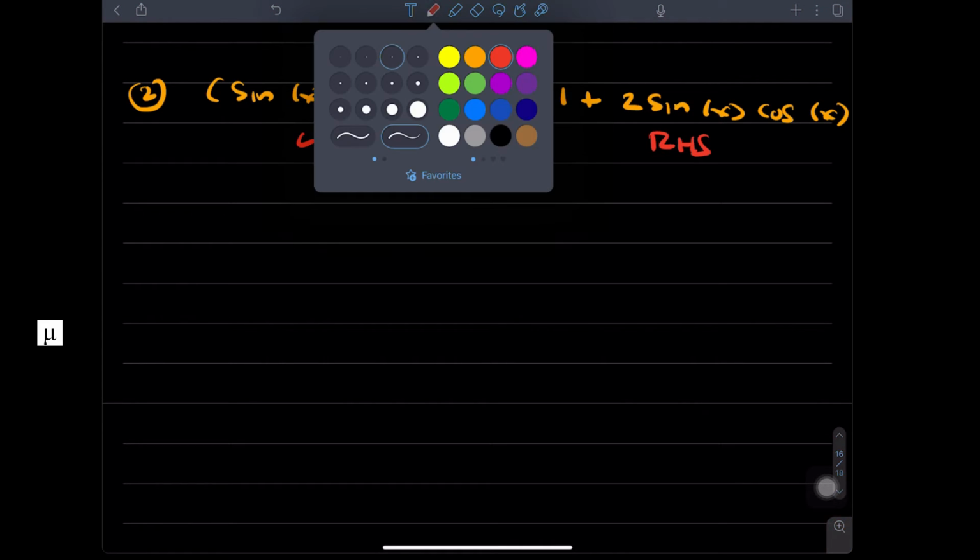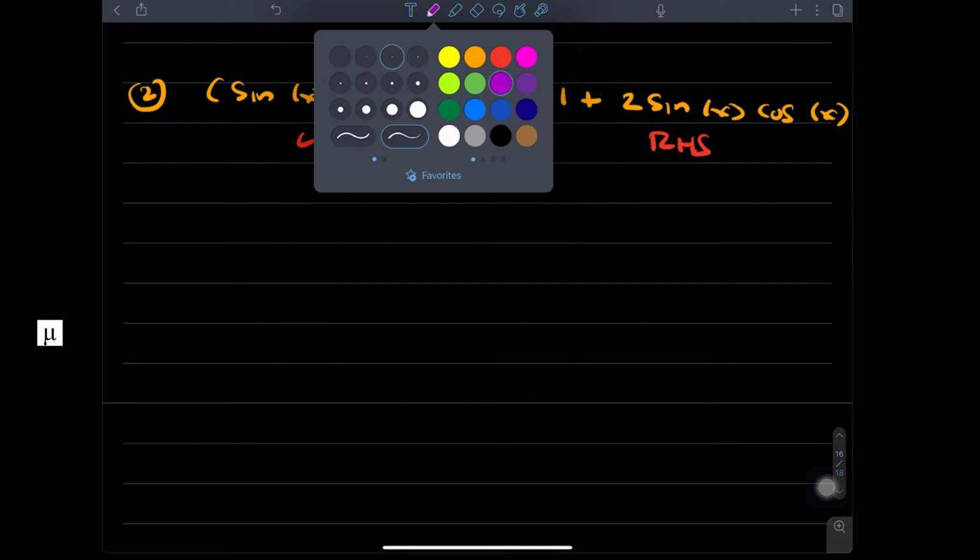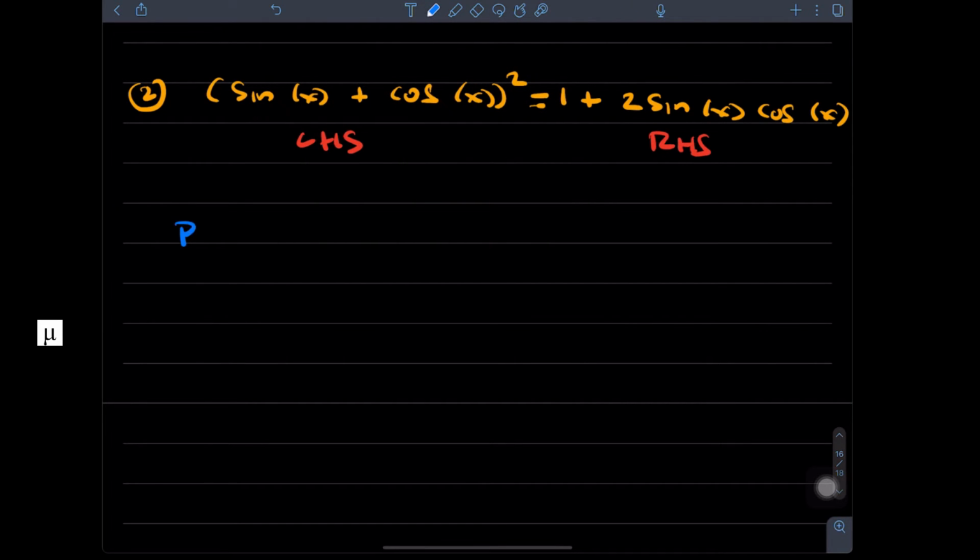Let me do this here first of all. When we try to prove this, I think the left-hand side is a lot more complicated, or the book says the more difficult side. So sine plus cosine squared.